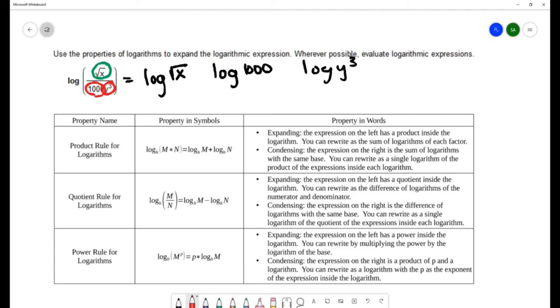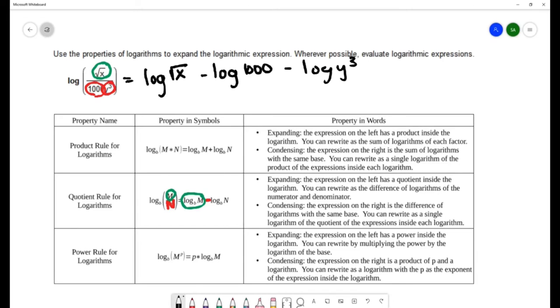So these ones that were in the denominator should be negative. So these two should be negative, and the one from the numerator should be positive. So that's using both the product rule and the quotient rule at the same time.